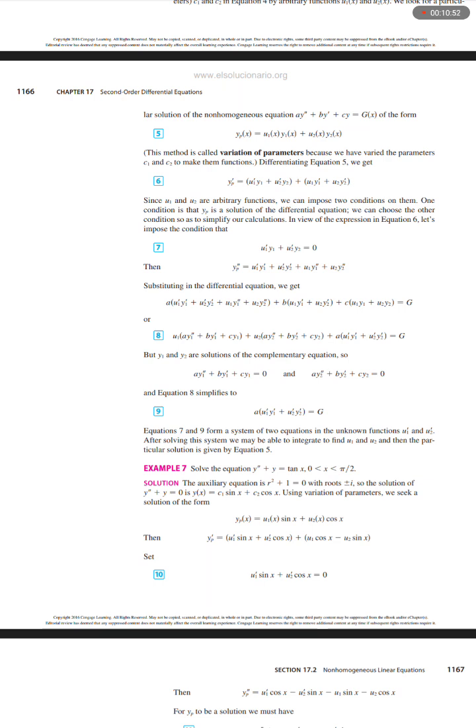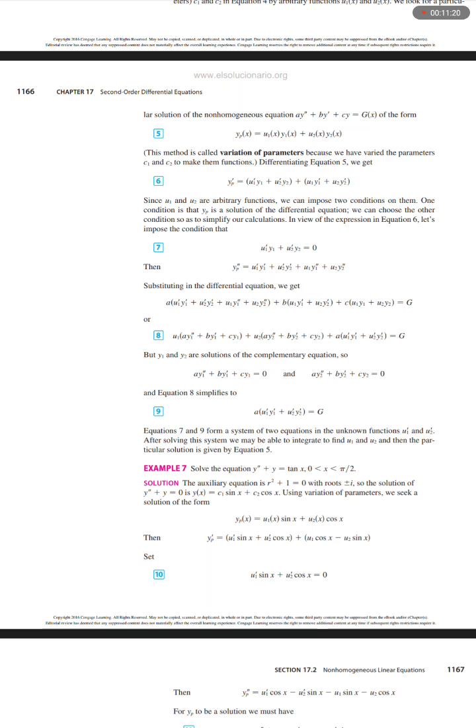But y sub 1 and y sub 2 are solutions of the complementary equation. So a y double prime sub 1 plus b y prime sub 1 plus c y sub 1 equals 0, and a y double prime sub 2 plus b y prime sub 2 plus c y sub 2 equals 0.